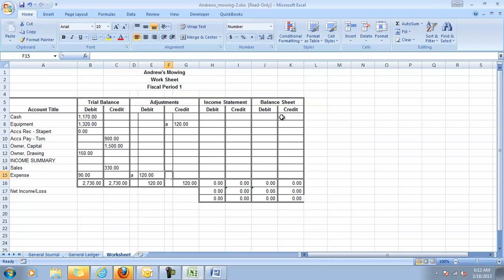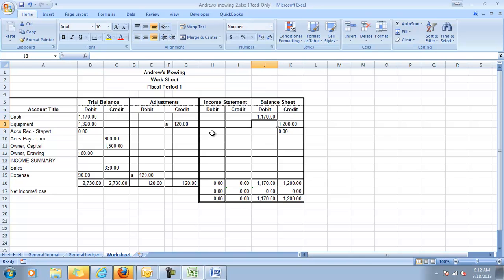There was no change to my cash account, and my cash account goes on my balance sheet, so $1,170. My equipment is now worth only $1,200 because it was $1,320. We credited $120. Accounts receivable is still 0. I'm putting these in the wrong column at the moment, so let me fix that.